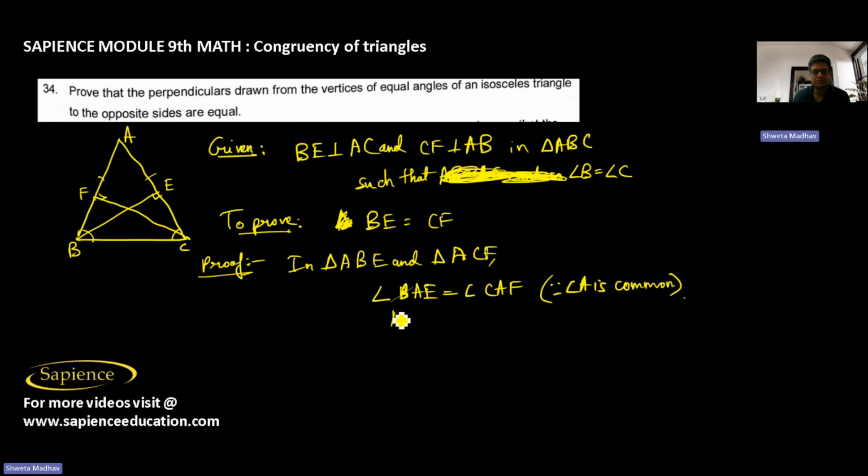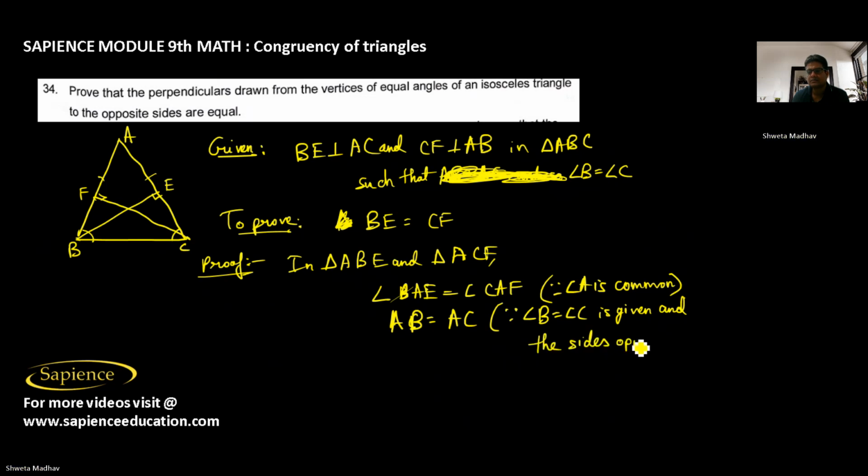then we can say that AB is equal to AC also, since angle B equal to angle C is given, and we also know that the sides opposite to equal angles are also equal.